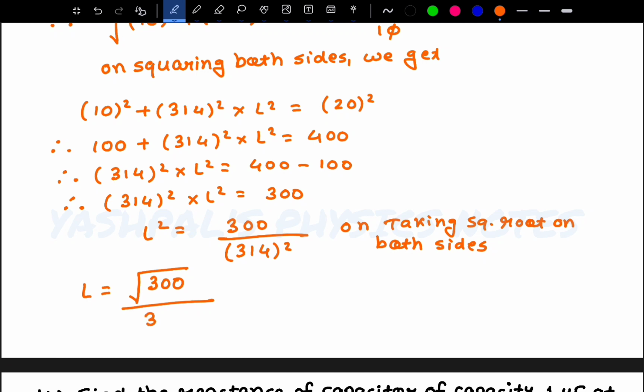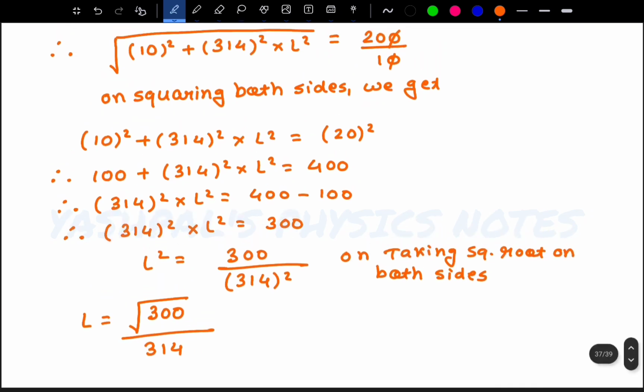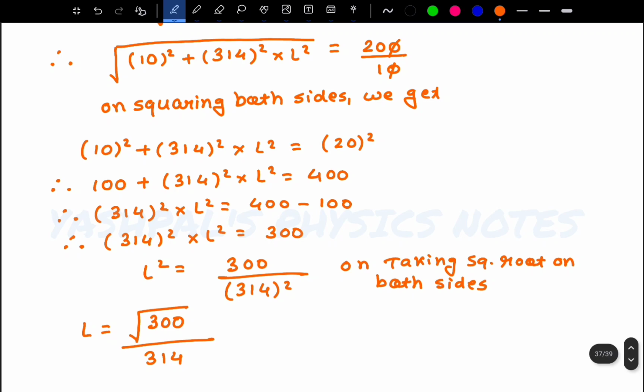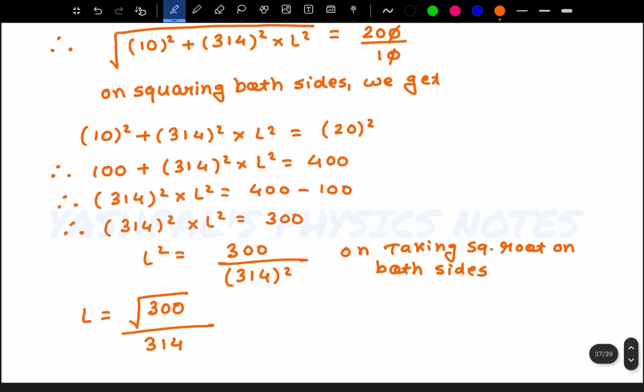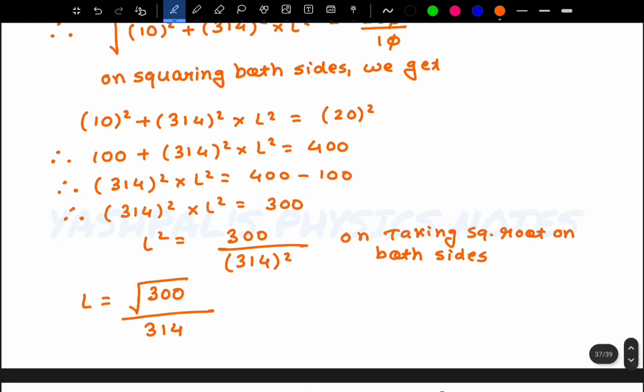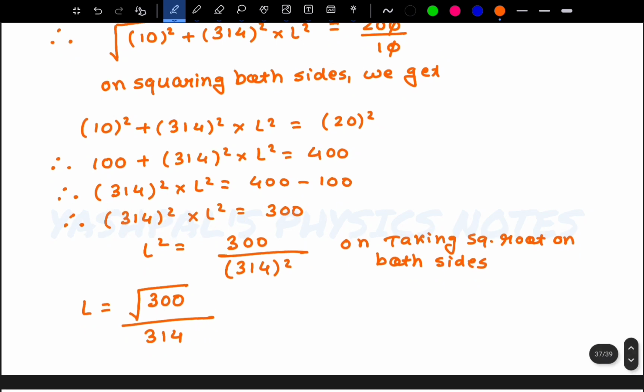So see, we have simplified the calculation. There is no need to square this whole term, that is 314 whole square. It will be a big number and a waste of time. So here L square gets L, 300 will be under root 300, and here 314 square is already present. On taking the square root, the square gets cancelled out and we remain with 314.